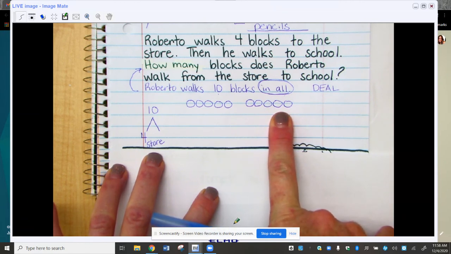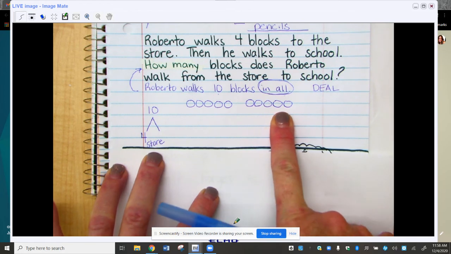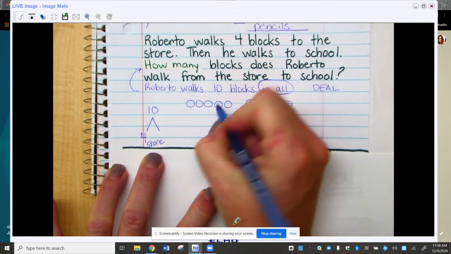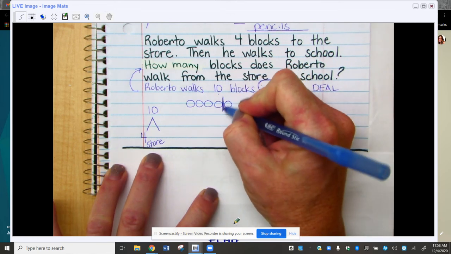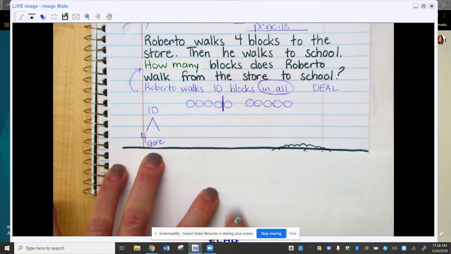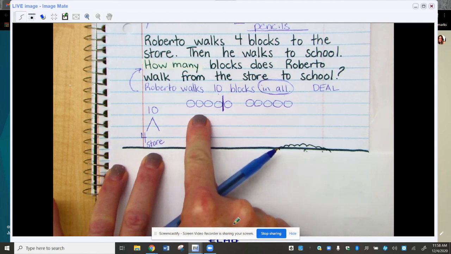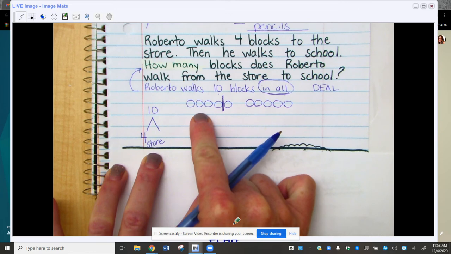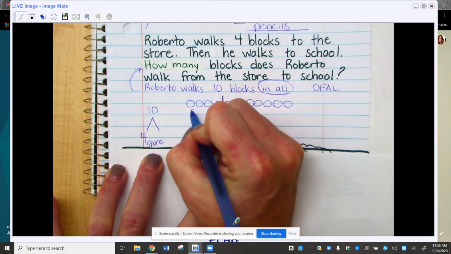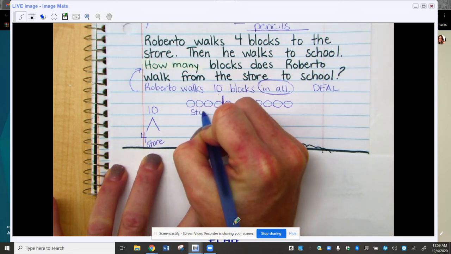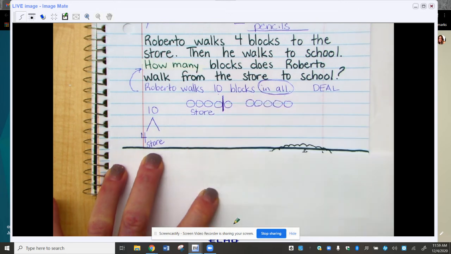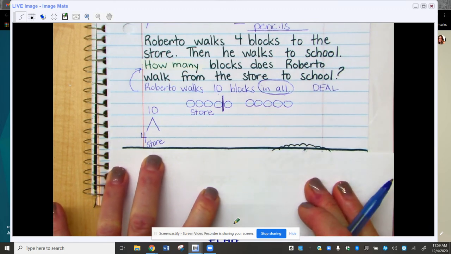And let's put in our break apart stick to show the 4 blocks that he walks to the store. And I'm also going to write store underneath here to label what those 4 circles represent. Store. It's a good habit to get into labeling those circles so you know. Your teacher will also love it.